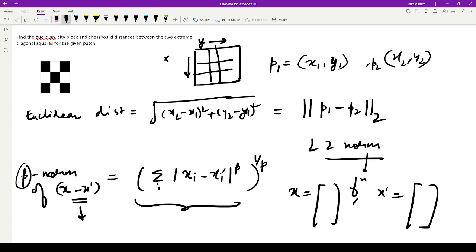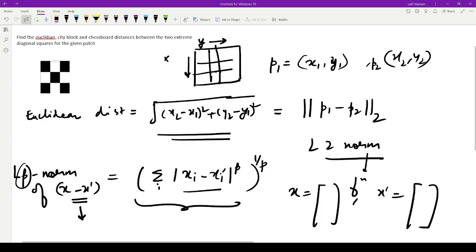For the case of L2 norm, or rather we call it the Lp norm, how does it look? We'll square each of these differences, sum them, and then take a square root, right? And if you see the Euclidean distance, it looks similar, right?